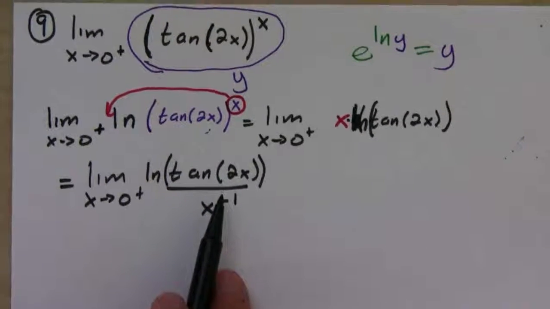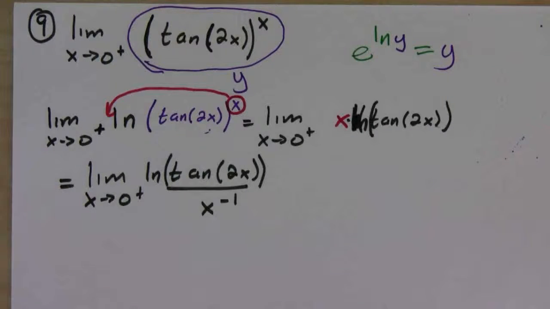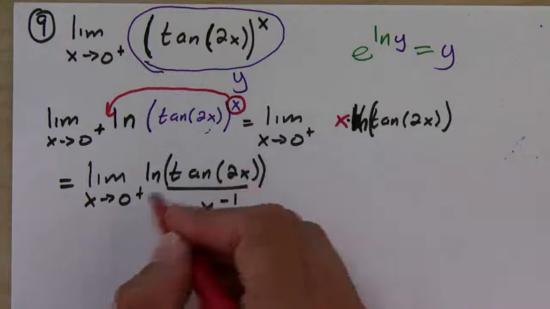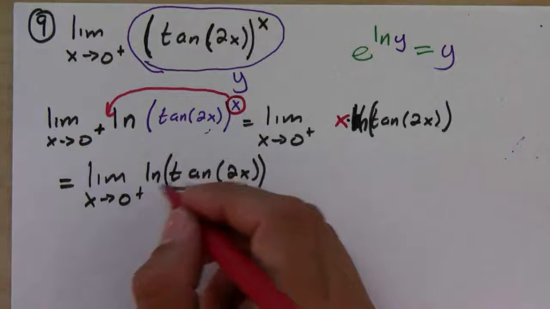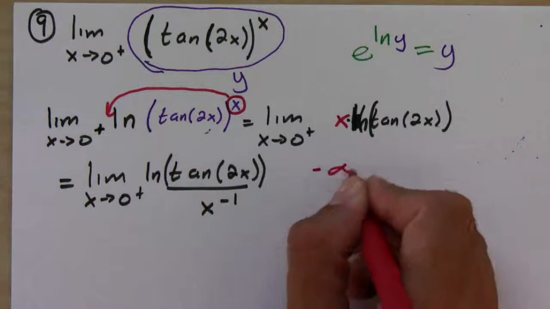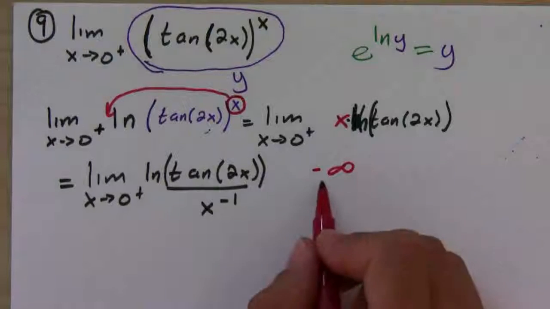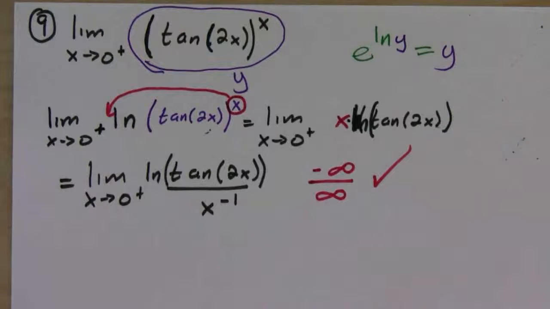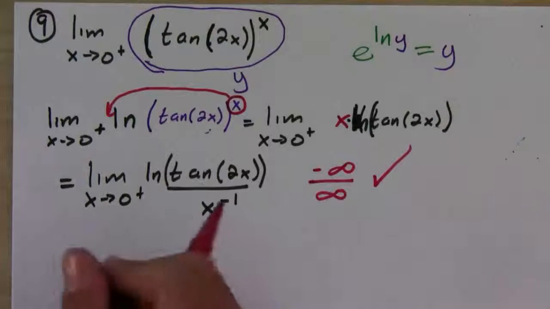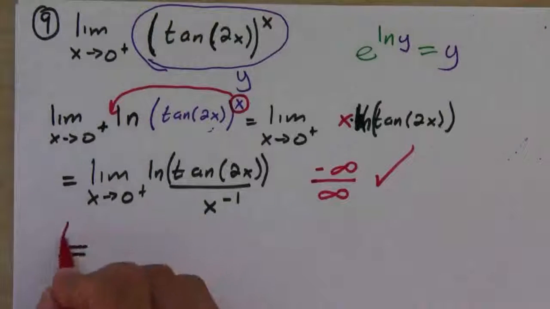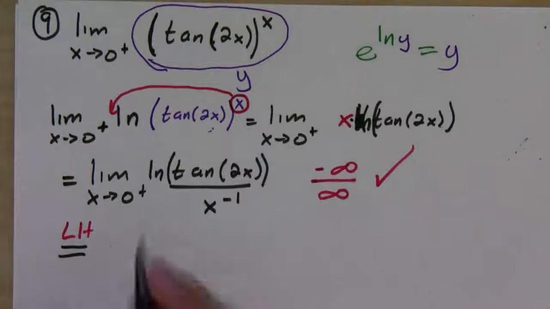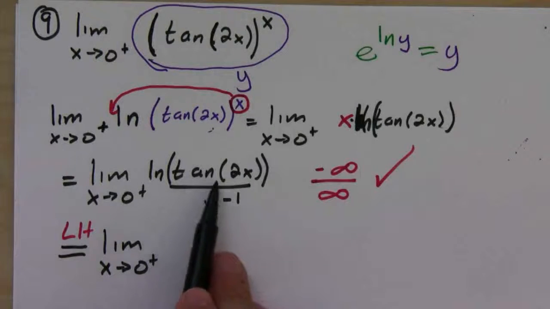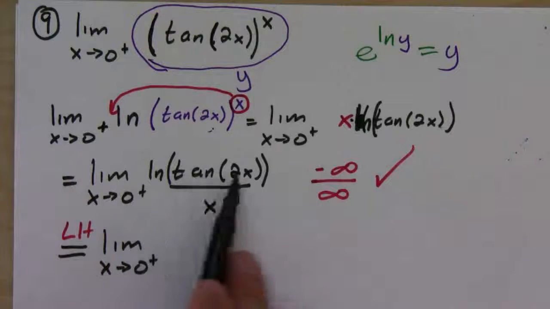Okay, so anyways, what we have here is the numerator is going to, well, tangent of 0 is 0, and if we're approaching from the right, the numerator is going to negative infinity, and the denominator is going to infinity, so this means I can use L'Hopital's rule on this one. Okay, so if I use L'Hopital's rule, what I'm going to get is the limit as x approaches 0 of the derivative of natural log of tangent of 2x.